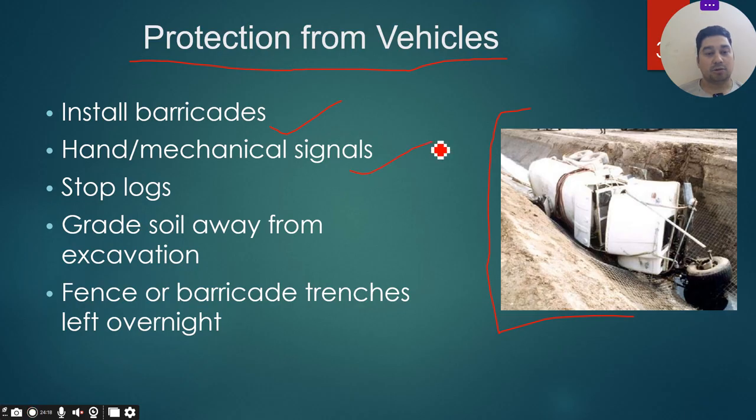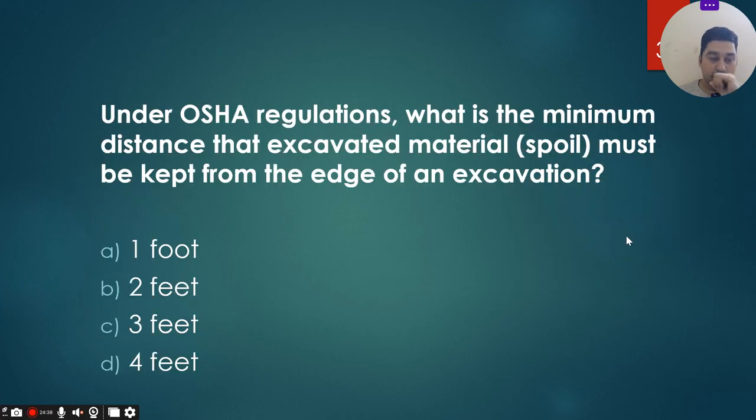Hence, mechanical signals also can be used. Stop logs, grade soil away from excavation, and fence or barricade trenches left overnight. So these are the things that you can use to protect the excavation from the vehicles. Otherwise, these things will happen. Vehicles will fall inside the excavation.